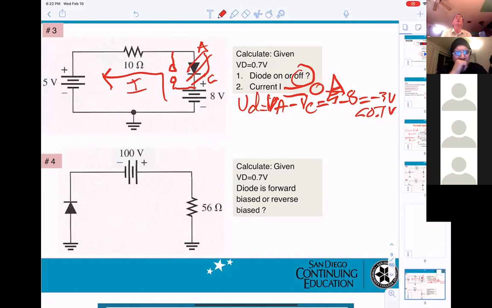VA is connected to 5 volt, and VC is connected to 8 volt. So you get 5 minus 8, you get minus 3. And that is less than 0.7 volt, so that's why you say the diode is off. And then when they ask for the current, the circuit will be open, so the current equals 0. Go to number 4.